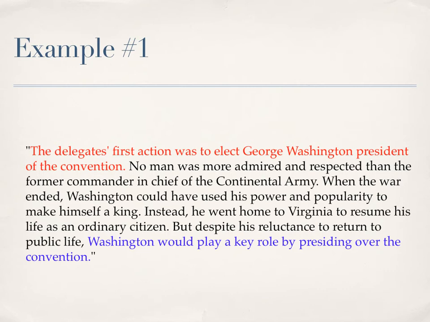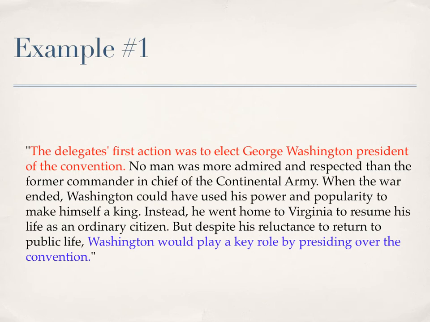When the war ended, Washington could have used his power and popularity to make himself a king. Instead, he went home to Virginia to resume his life as an ordinary citizen. But despite his reluctance to return to public life, Washington would play a key role by presiding over the convention.